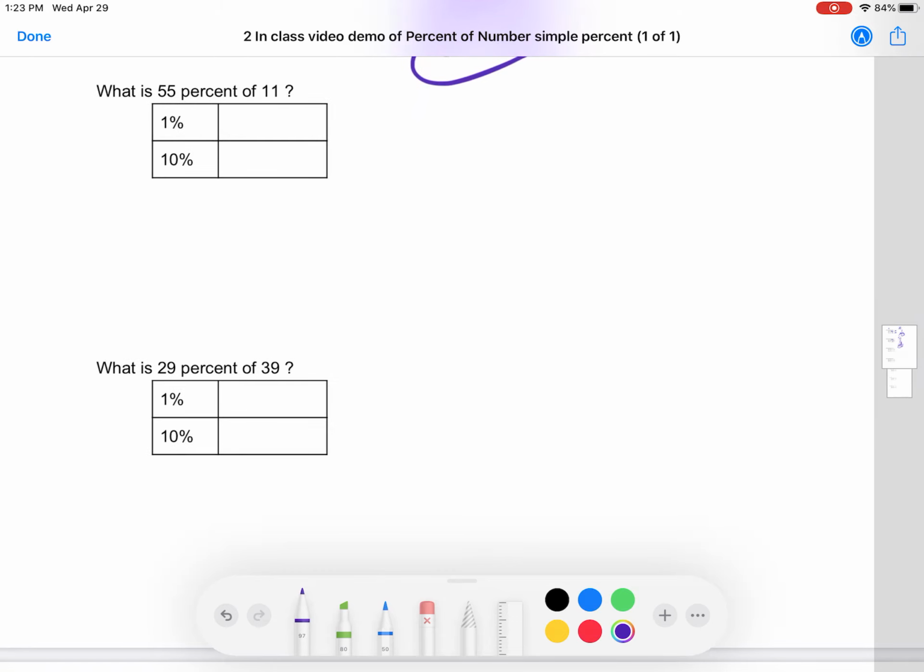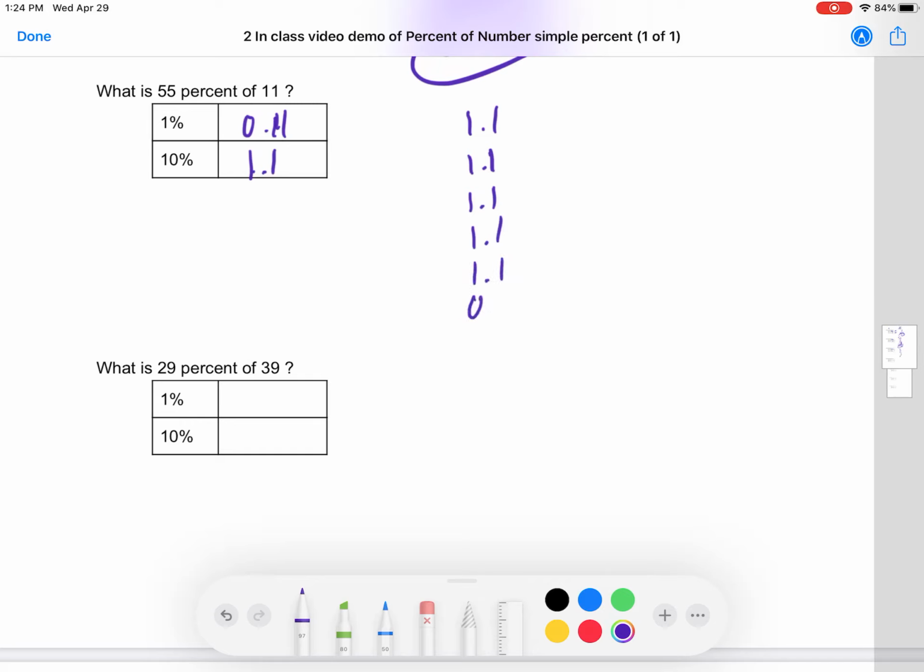55% of 11. Now this one I had a little bit different thought. So 10% is 1.1, and 1% is 0.11. Let's just do it the way we did before. So here's 10%, 20%, 30%, 40%, 50%, and then we could do all the 0.1s.